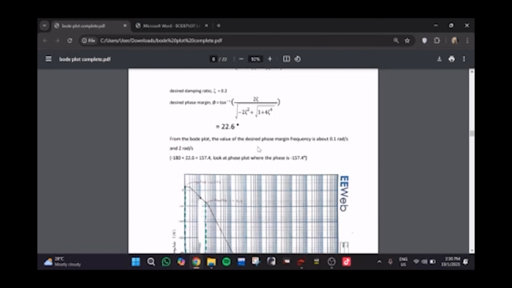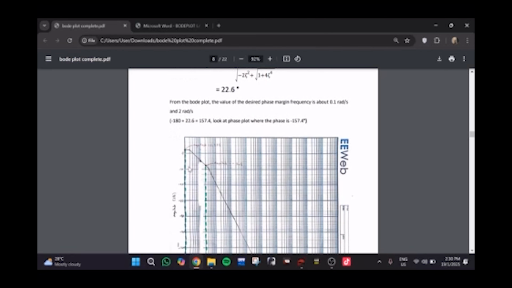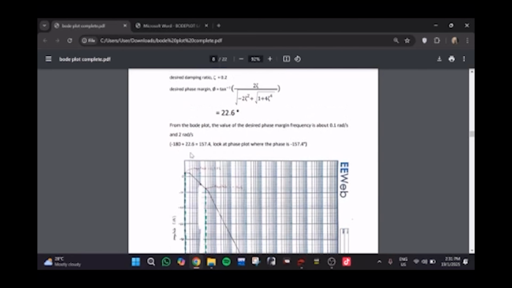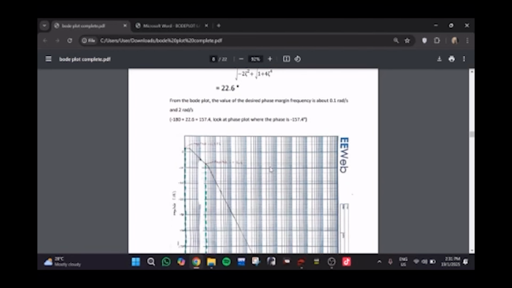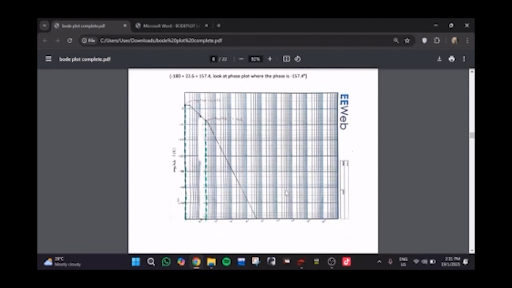The design phase margin frequency is between about 0.1 radian and 2 radians. After adding it up, we get the final answer 157.4. Look at the first plot where the phase is negative 157.4. So this one is the graph.